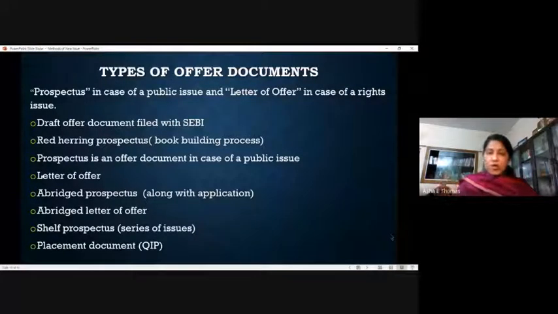It is also given along with the application form. Then the shelf prospectus, when the company is planning for a series, a set of offers during a limited period, maybe 1 year. And of course, we talked about the placement document, which is mainly related to private placement.